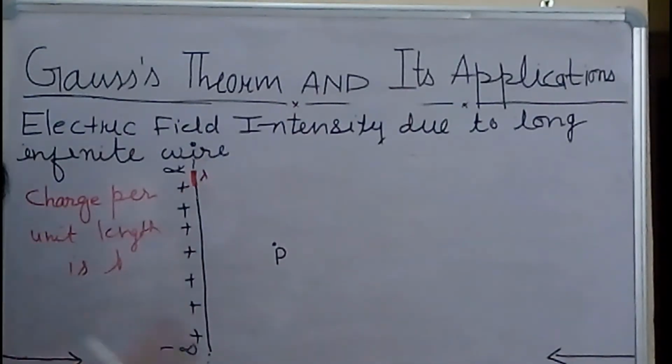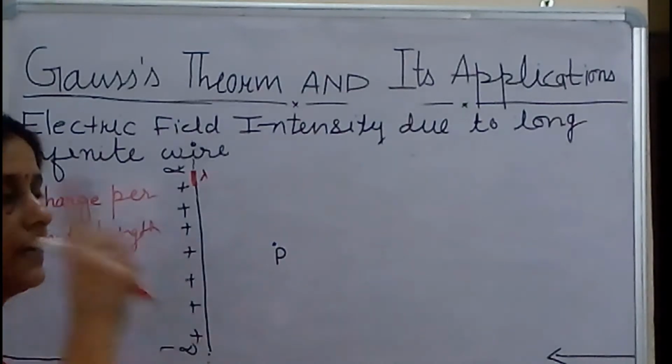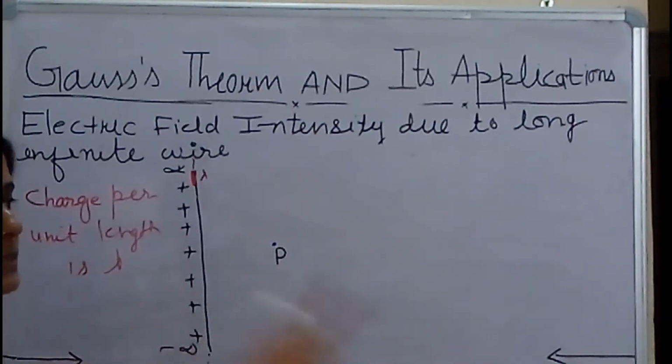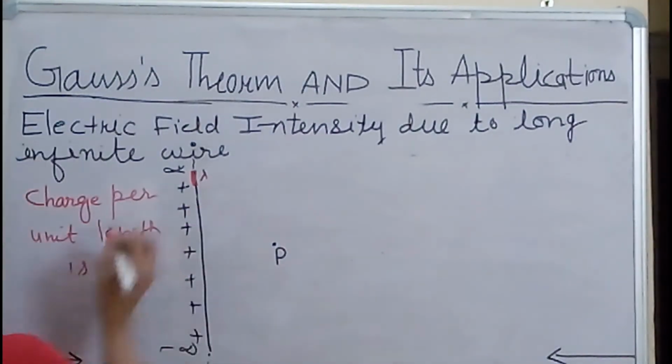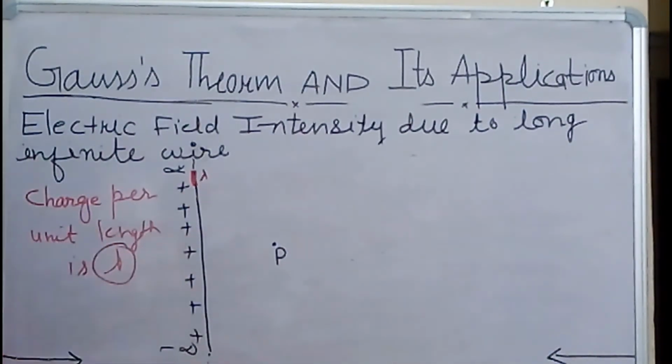In 2 unit length, charge is 2 lambda. In 3 unit length, charge is 3 lambda. Again I am saying, charge per unit length is lambda. If the wire is 3 meters long, it will be 3 lambda, if 4 meters then 4 lambda, like that. Okay, charge per unit length is lambda.